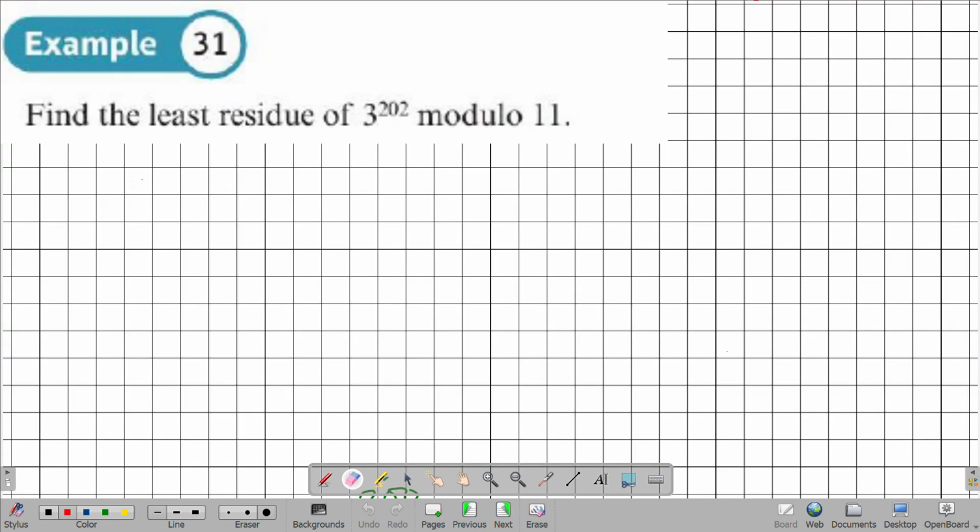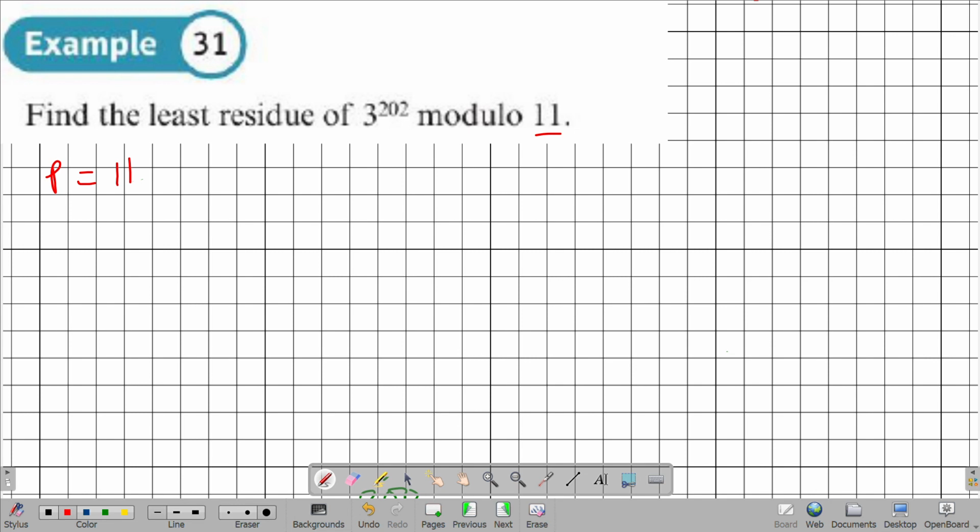So we are saying, let us find the remainder if you divide such a big number as 3 to the power of 202 in mod 11. So what we can look at is the divisor itself, which I can call P, is 11, a prime number.